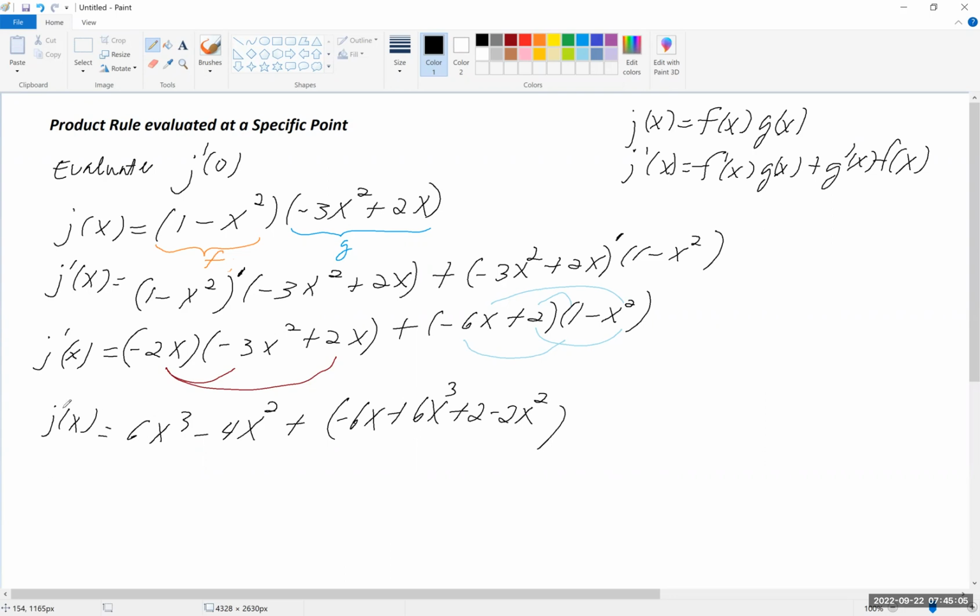All right, so this is still working on the derivative. We're getting real close to where we can, well, we should really simplify here, although I think before we can combine like terms, we may have one more step here, which is to get rid of the parentheses. So we've got minus 6x plus 6x cubed plus 2 minus 2x squared.